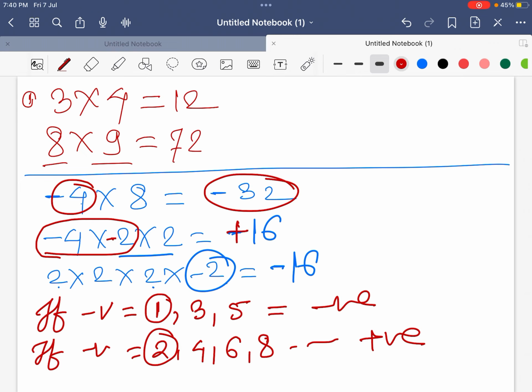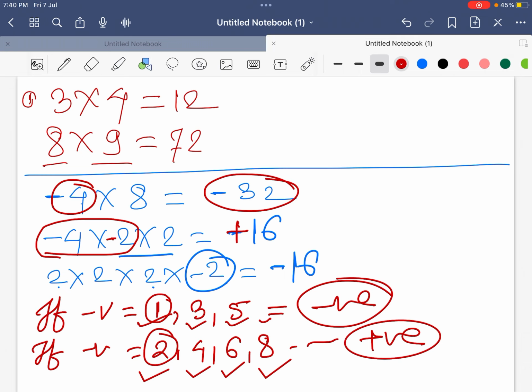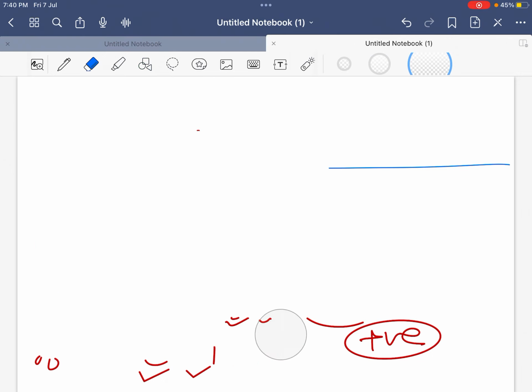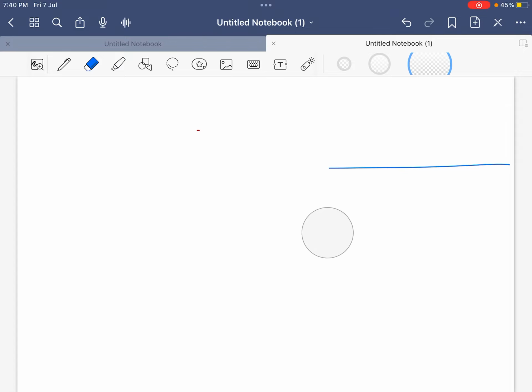So you have to keep in mind, if the number of negative signs is 1 or 3 or 5 or 7 like this, then your answer is negative. And if the number of signs is 2, 4, 6, 8 or like that, then your answer is always positive. Clear? So likewise we have to solve it. So this is the first method, or the first way to calculate the answer or multiply the numbers.